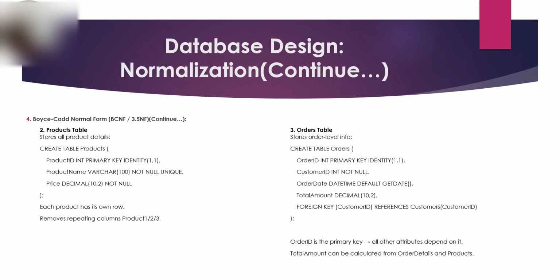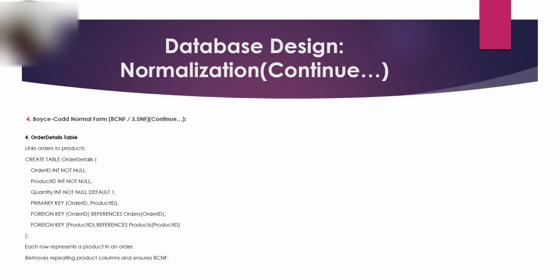Then we can create a product table and an orders table. The product table stores all the details of the product, and the orders table stores the order-level information. We'll also create another table, order details, which links the orders and the products.